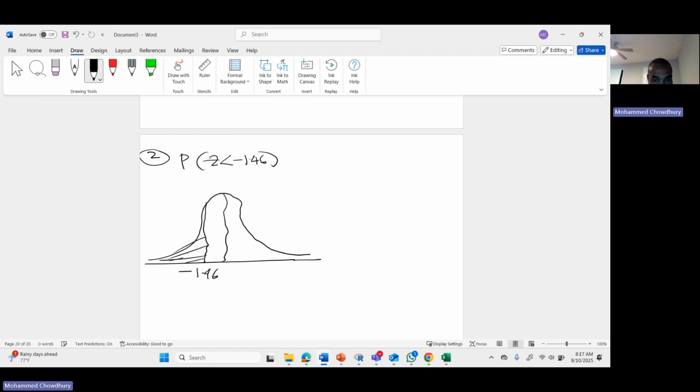In order to find this in R, I have to write here pnorm, pnorm negative 1.46, 0, 1. Or in Excel, I want to write here norm dot s dot distribution, and then negative 1.46, true. Let me try here.